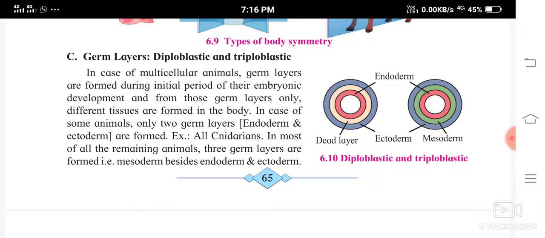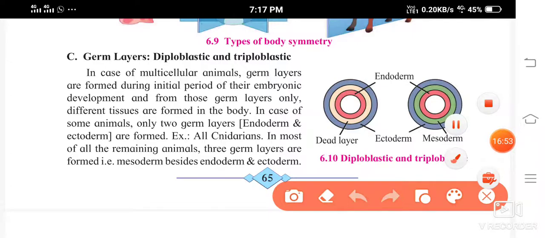Now in case of multicellular animals, germ layers are formed during the initial period of their embryonic development, and from those germ layers only, different tissues are formed in the body.